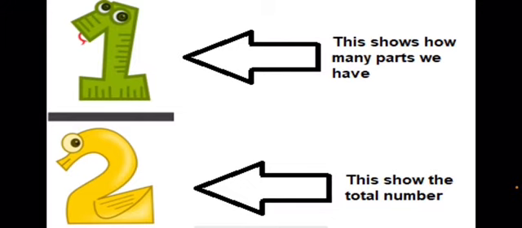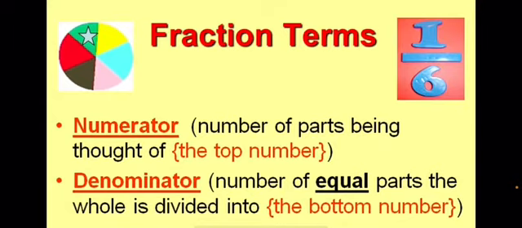Now in a fraction, the numerator shows how many parts we have and the denominator shows the total number. So the numerator is the number of parts being thought of, that is the top number. For example, 1 by 6 or 1/6. So 1 is the numerator over here, and the denominator is the number of equal parts the whole is divided into, the bottom number, that is this 6.